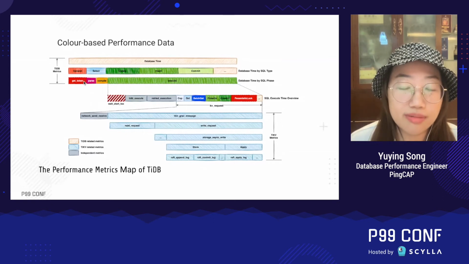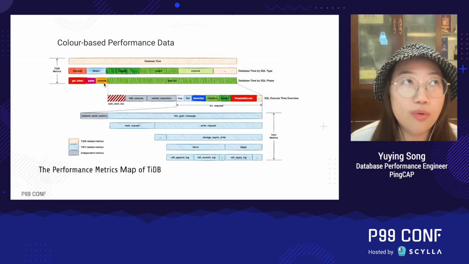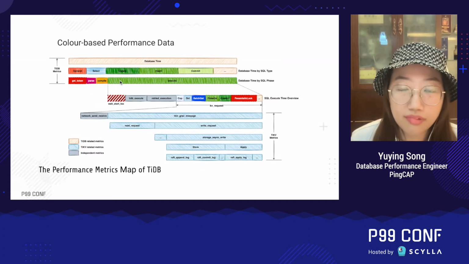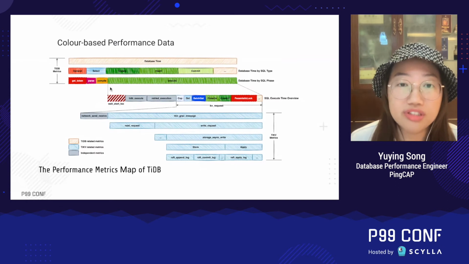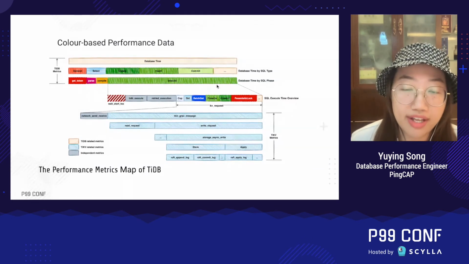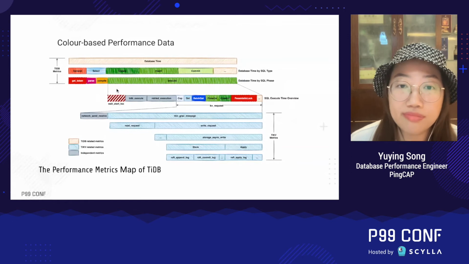If you see some other colors, it means there's something wrong, or your system is not in a very optimal situation. It takes a lot of time to parse and compile the SQL and not execute it.